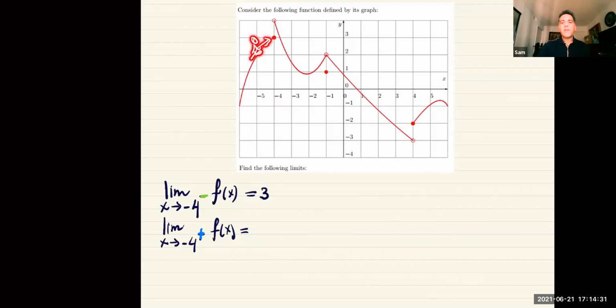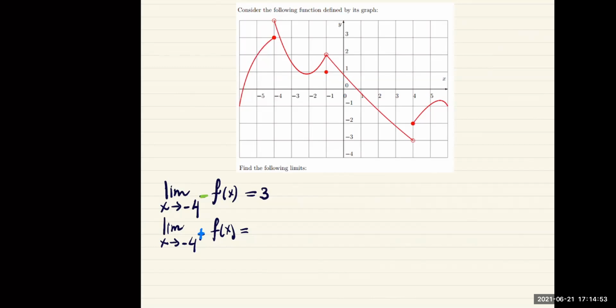So we are getting close to -4. That's what this arrow says. Here's the left of -4. So we are on this side of -4 on the function, but we are getting close to it. Okay, that makes a lot more sense.